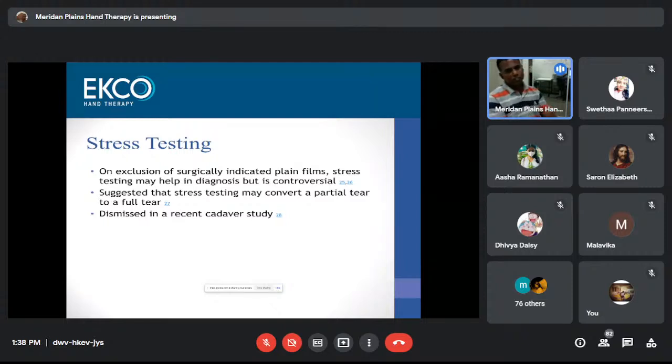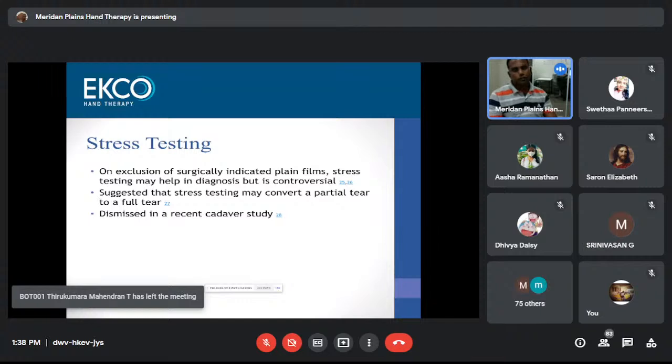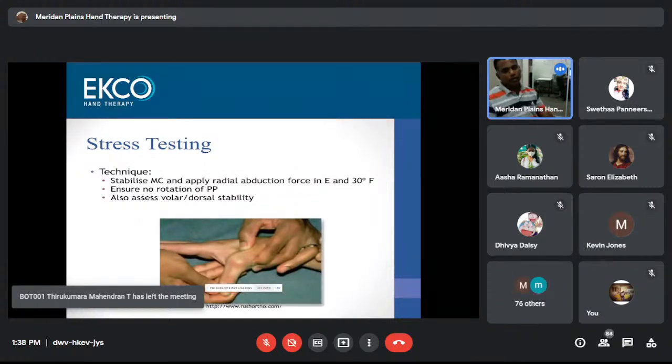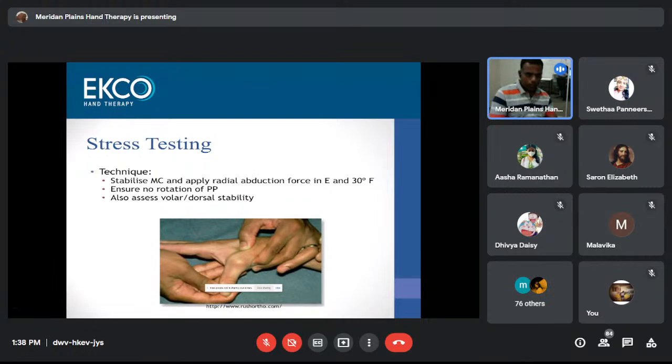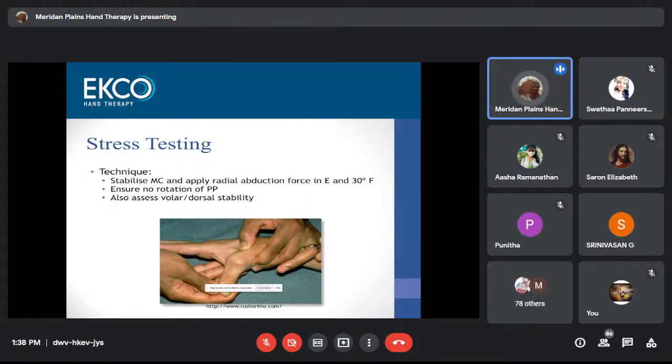But this has been dismissed in a recent cadaver study, as it's not a likely situation because the client can pull the hand out very quickly when the pain starts, and then swelling and other conditions follow. In examination stress testing techniques, you stabilize the MC, and you can also practice this in a classroom or in a clinical area: stabilize the metacarpal and apply a radial abduction force to see it in extension and 30 degrees of flexion.